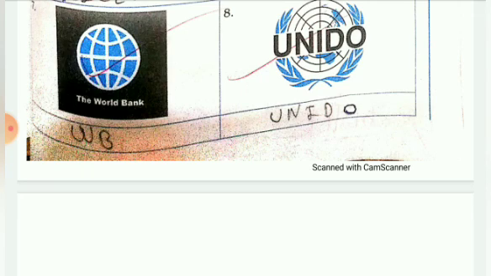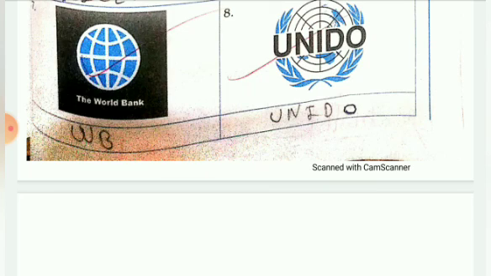And now we can see what UNIDO is. This logo is UNIDO, the full form is United Nations Industrial Development Organization. First was about agriculture. Now we are going to see industrial development. Industrial development means the development of industry.